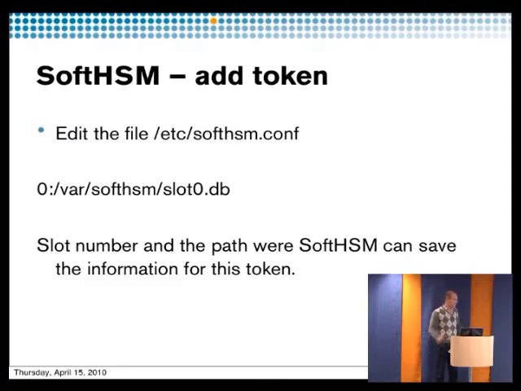And the reason why I'm using this convention with a slot number and a path to a database is because, as I mentioned, in PKCS11 you use something that's called a slot and a token. I can, for instance, say that a slot is a smart card reader and a token is a smart card.